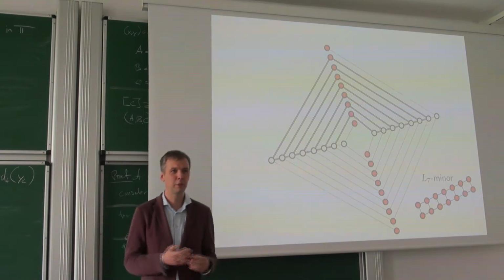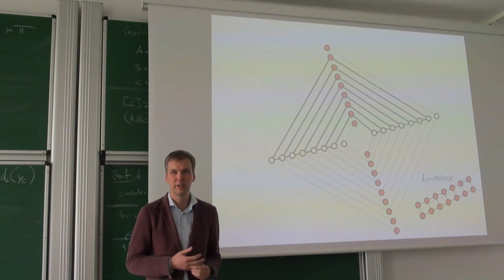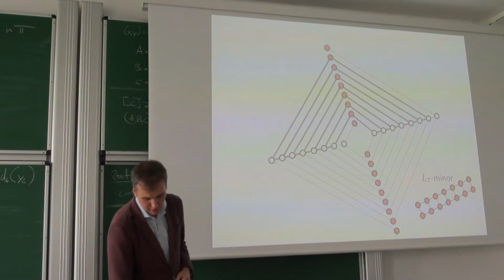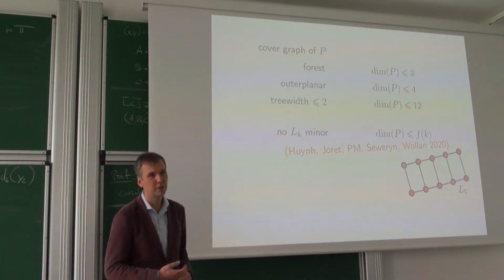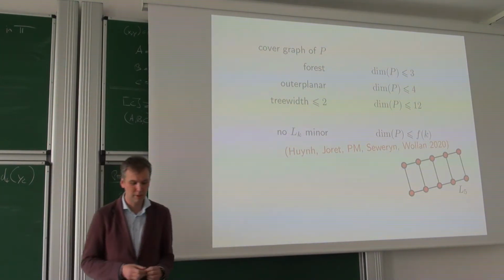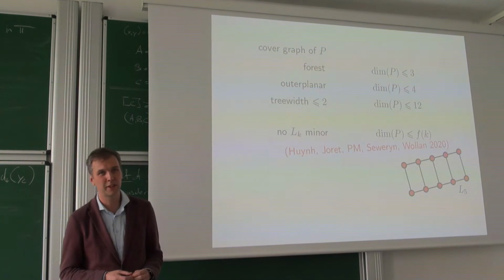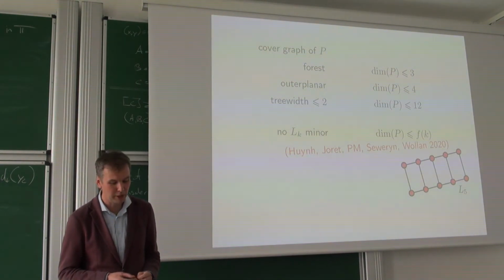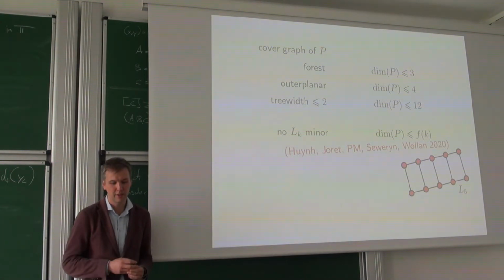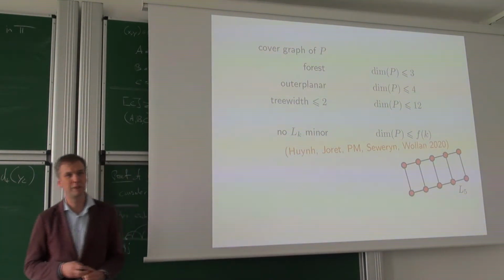In the Kelly family, we can have arbitrarily long ladders. They are forced. If you consider posets whose cover graphs have no L_k minor, where L_k is a ladder of length k, then dimension is bounded by a function of k.